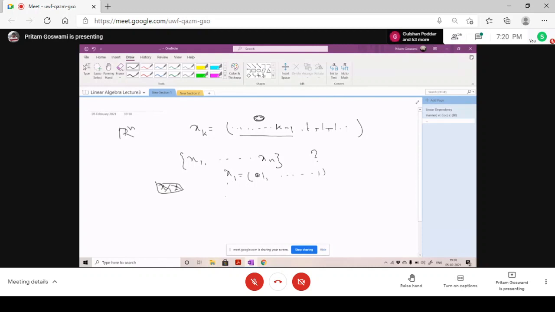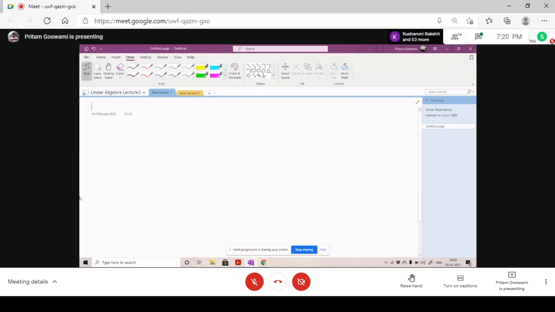What will x2 be? 0 comma all ones. So xn would be all zeros except the last entry. Suppose they are linearly dependent, so then we will find some a1 x1 plus a2 x2 plus up to an xn equals 0, but not all ai are 0.